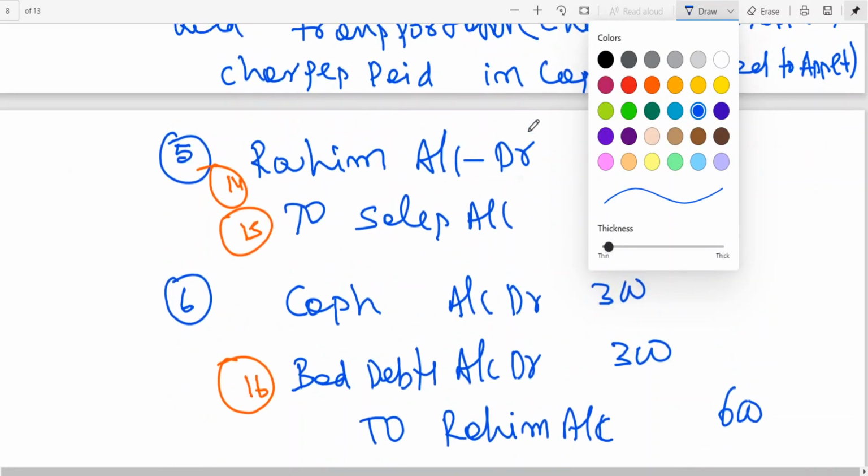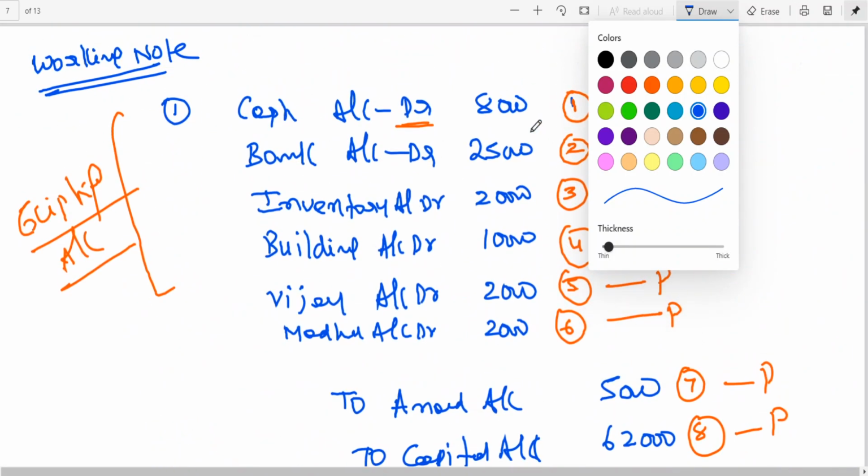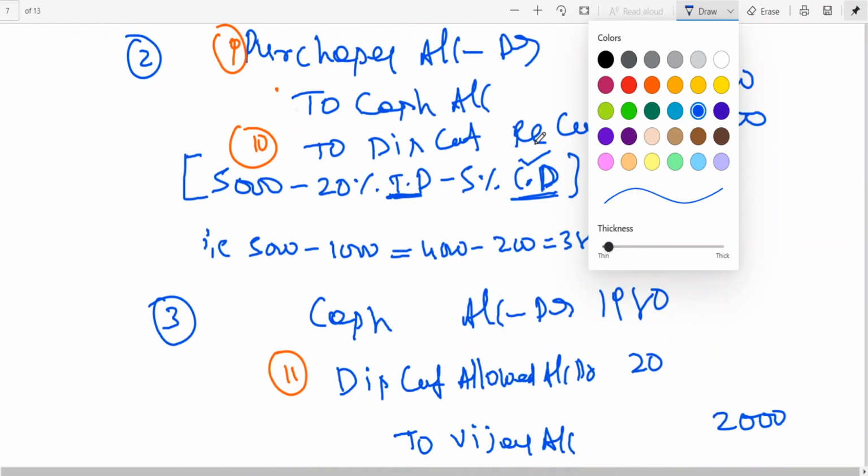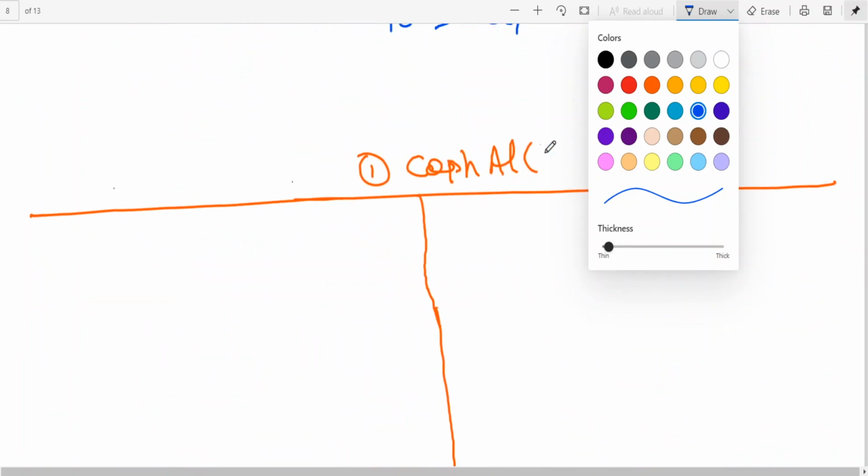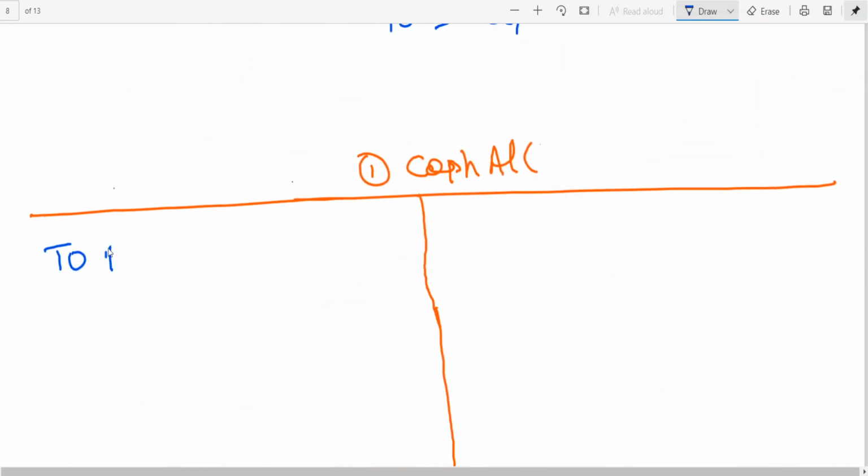Cash account, you can see the balance in the beginning is 8,000, bank 25,000. In the date column, you write the date, 1st January.